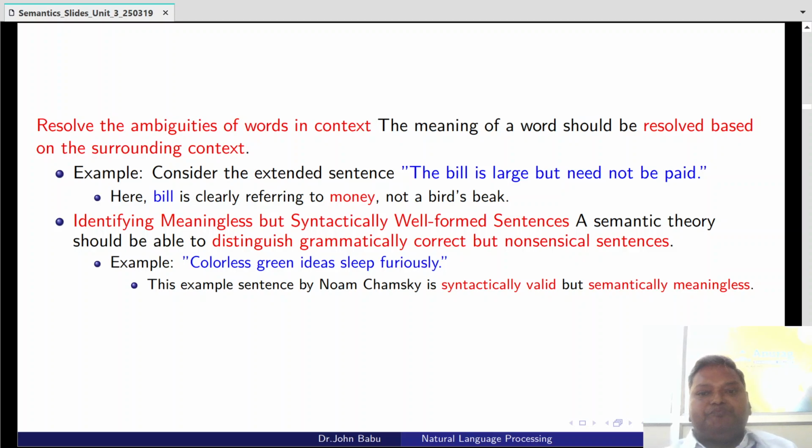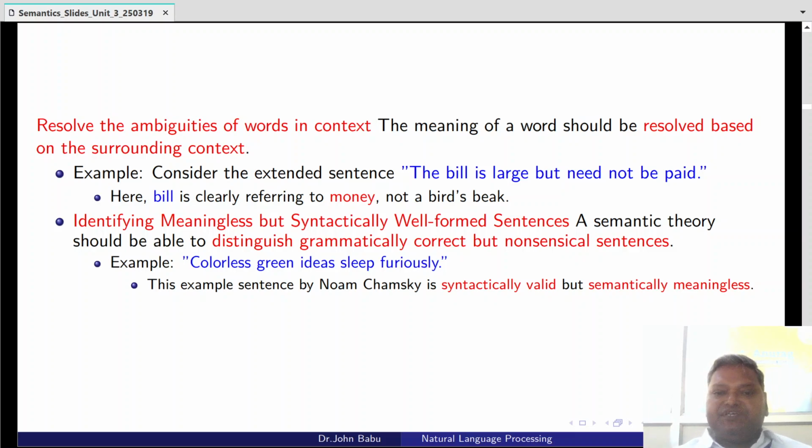Number two, it should resolve the ambiguity of words in the context. What is context? Neighboring words, surroundings, what is the occasion? For example, if I say the luggage is light, when I say luggage, I'm not talking about electrical light, I'm not talking about sunlight, I'm not talking about not serious. The luggage should tell me that I'm talking about weight. So in that sentence, light means less weight.